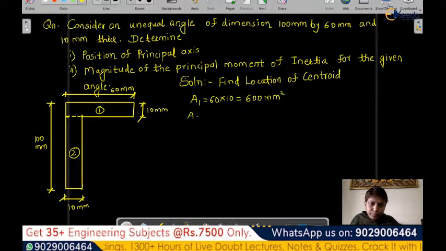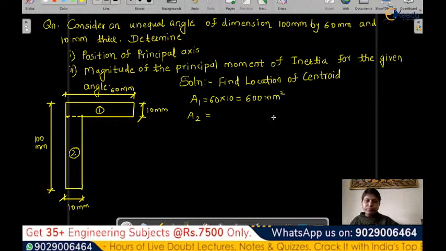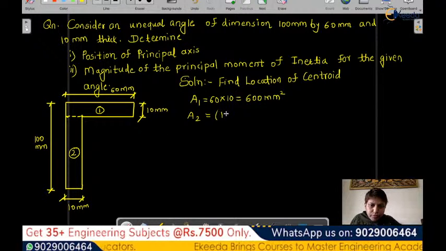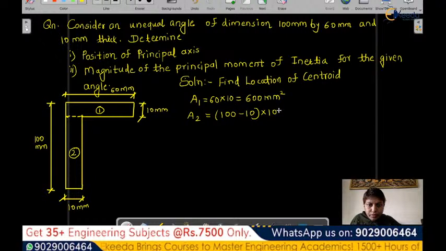What will be area 2? We have considered the 60 as a full part in 1, so the remaining will be 100 minus 10, that is 90. So A2 is 100 minus 10 into 10, which is 900 millimeter square.